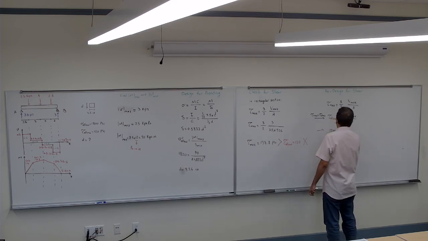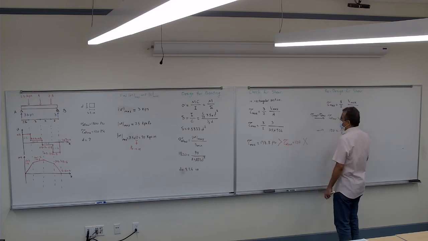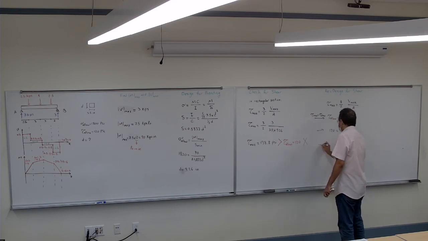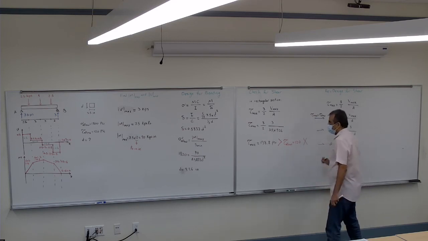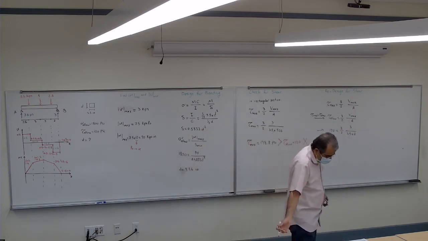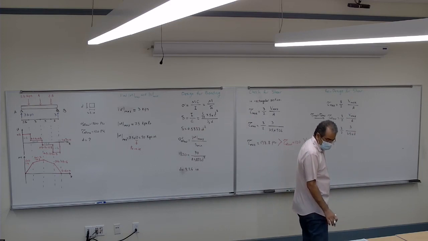Therefore, 120 is going to be 3/2 times V max, which is 3, divided by 3.5 times D. And then the D should come out larger than that. So it's about 10.7.